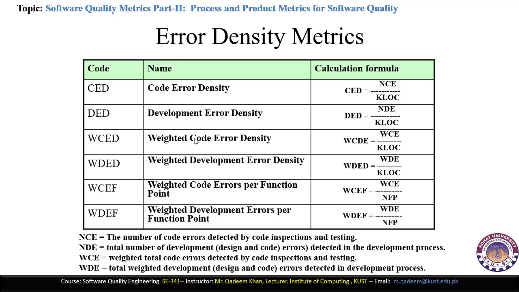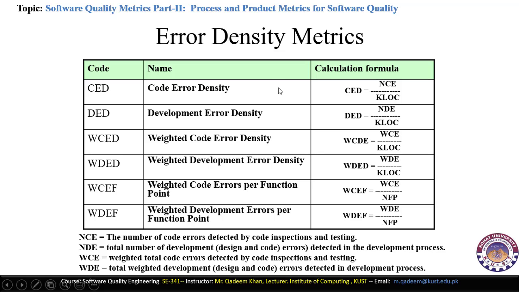Now, error density metrics. We have different examples of the types of error density metrics. Here, according to the standard, CED, the code error density, is the abbreviation used for documentation purposes.